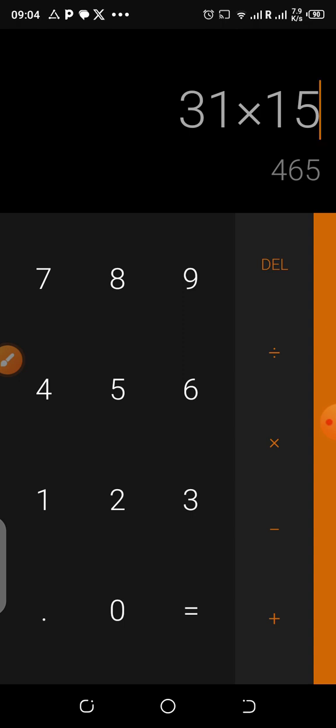So you need $465 from the first call to the fourth call.